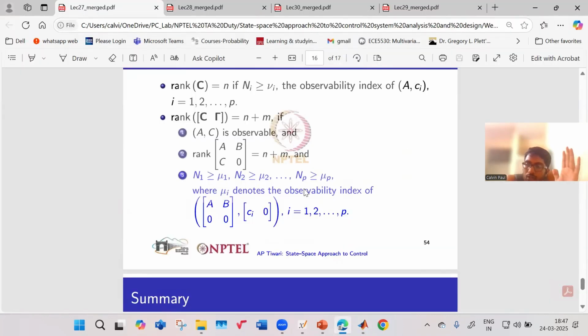That means output 1 has to be sampled at least 3 times, and output 2 also has to be sampled at least 3 times. It can be sampled more times as well; there is no one stopping you. But this is the minimum number of samples you have to take. You may say, let us take as many samples as we want, but then the computation will become difficult.